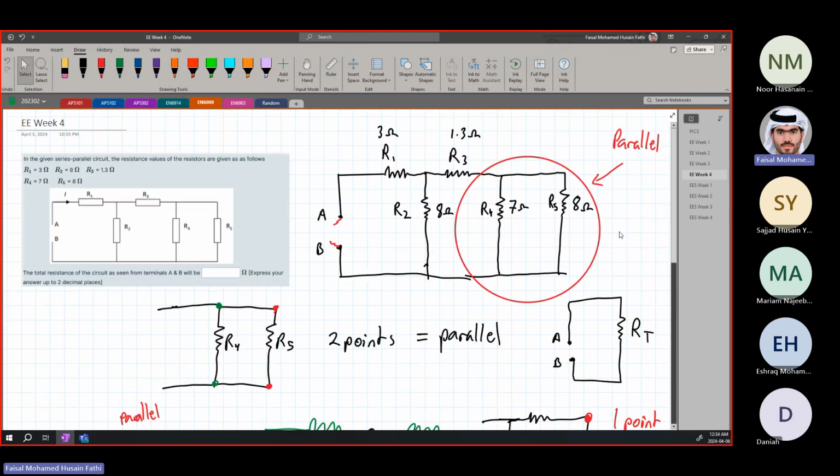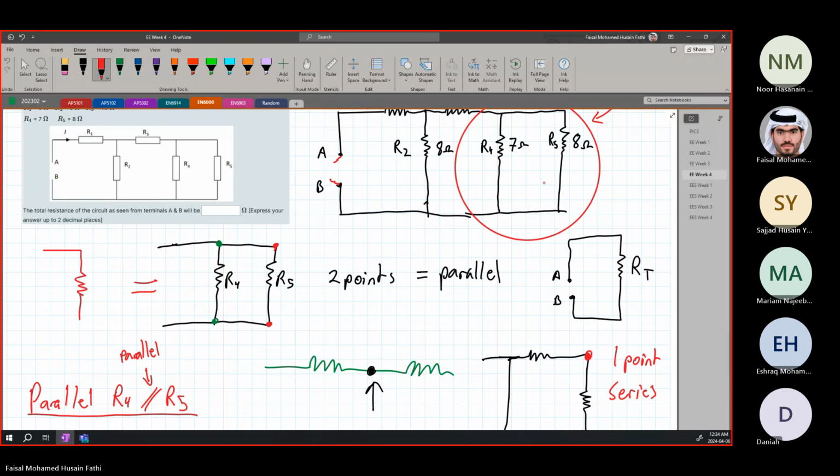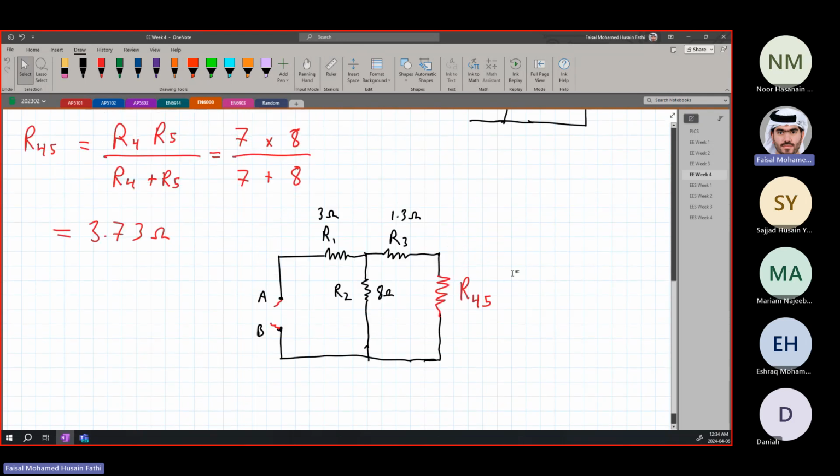Now we combine these two in parallel. So we combine them and the equivalent resistance here is equal to R4,5. Okay, this is what this basically means. So we did it. Now we remove that part, 4 and 5 separately, and we combine them and it's equal to 3.73 ohms. Okay. This is how we simplified this.